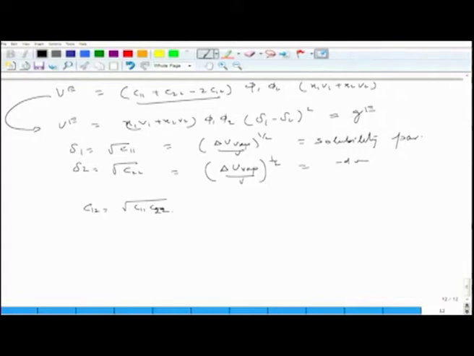Now, you can connect this thing to your activity coefficient, which I am not going to derive, I will just write it here.